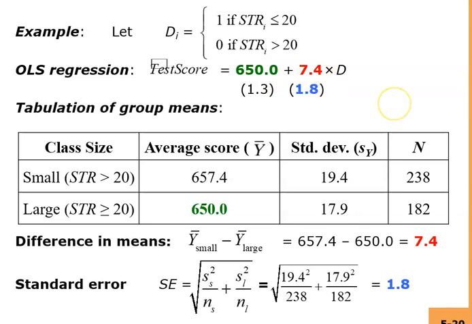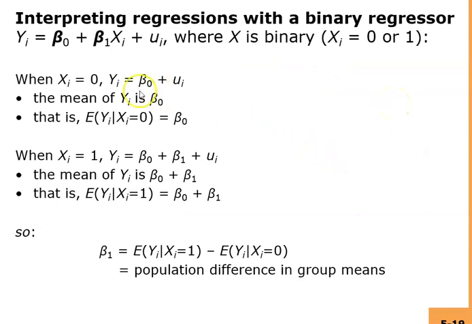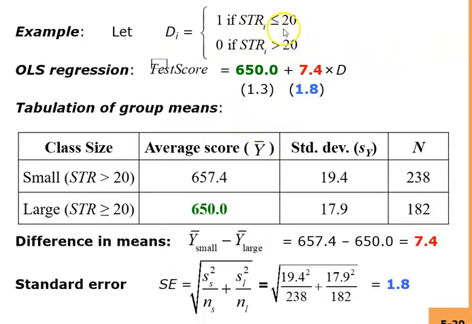So if we go back to the previous slide, this simply means that the effect when x is equal to 0 is beta naught. In this analysis, x is equal to 0 for the case of high student-teacher ratio. So for classrooms with high student-teacher ratio, the mean test score is 650.